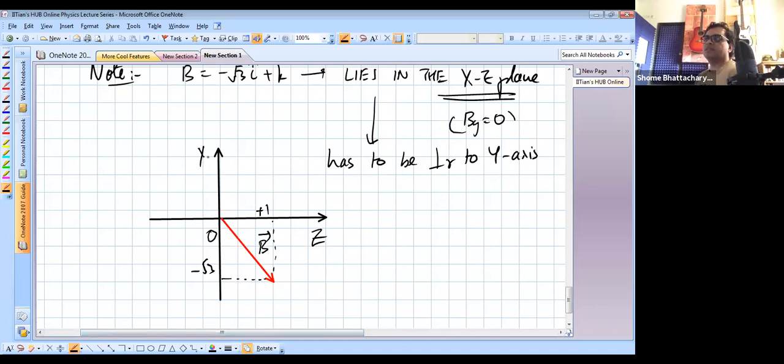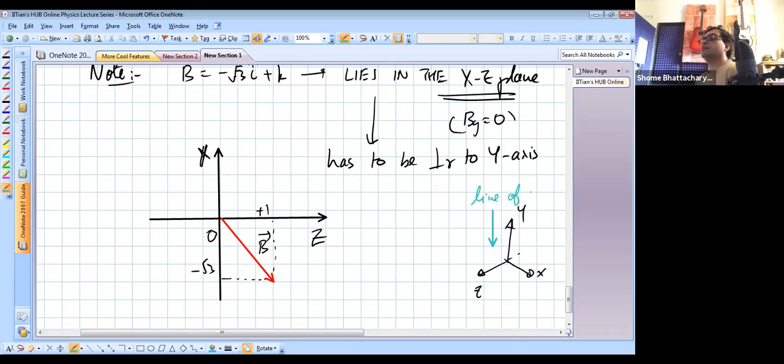So in this diagram, basically I'm looking into the xz plane. Normally when I draw an xyz axis, it's like this. Now imagine your line of sight is like this. This is how you're looking.